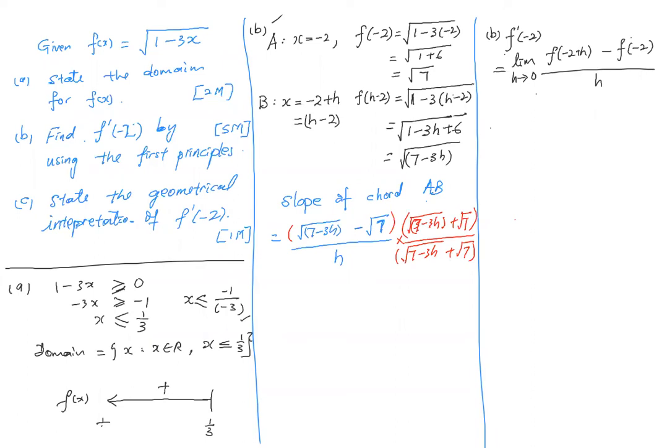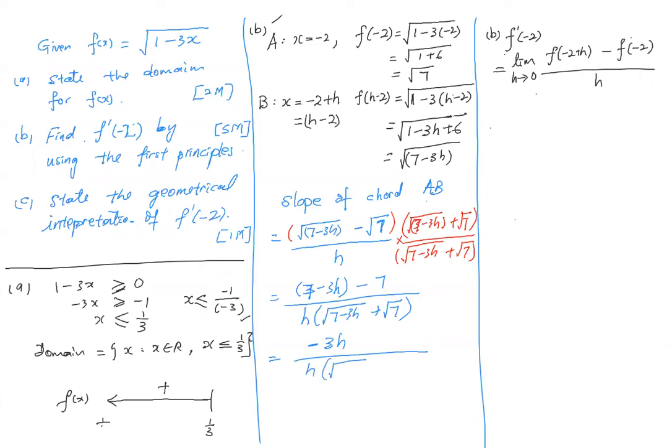Am I right? Yeah, it should be 7 minus 3h minus 7, divided by h times (square root of 7 minus 3h plus square root of 7). So when you simplify, you get -3h divided by h.